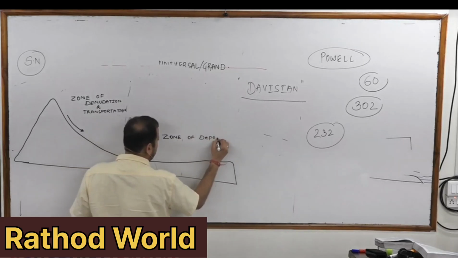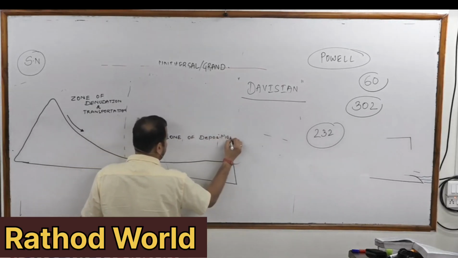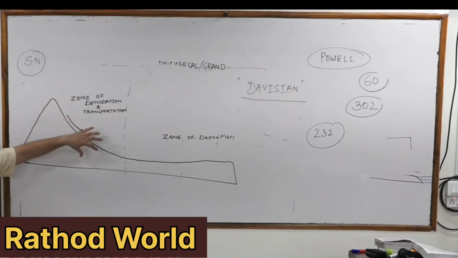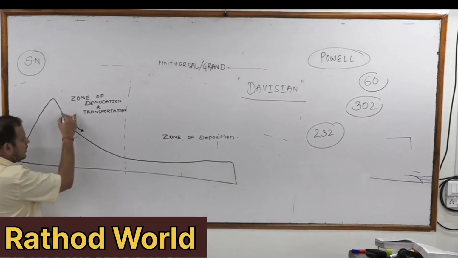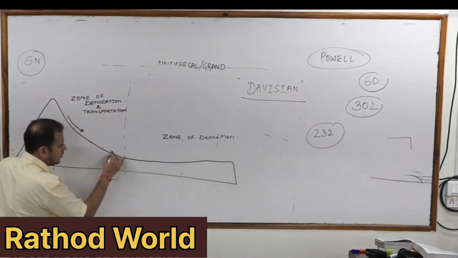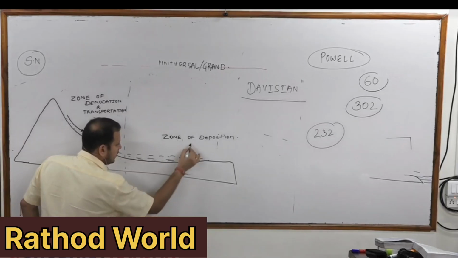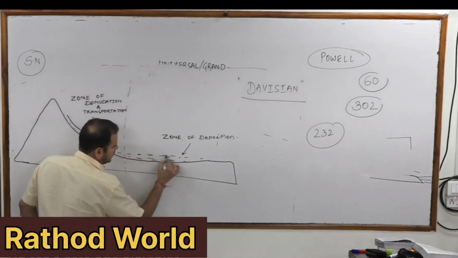Don't draw this diagram yet. I'll first explain how we are going to draw this diagram. See, this is the zone where erosion and denudation are going to occur, but the materials will flow down due to gravity, and after flowing down, these materials will be deposited here. So over the period of time, we will call this a zone of deposition.